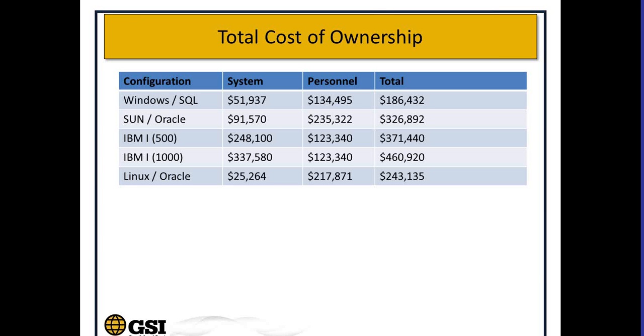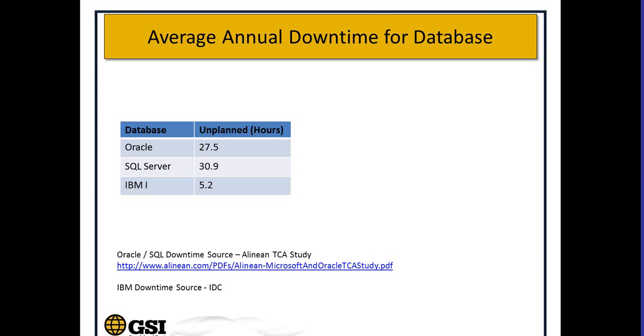This is over a period of a year, assuming that you're purchasing that hardware in a year. If you wanted to spread that cost out, if you're leasing or whatever else, and you wanted to see the cost of employees along with it, then it would be a different number, obviously, but this kind of tells you a little bit about what you're facing in terms of system and personnel. Now, that's not everything that's wrapped into total cost of ownership, so we'll get into that a little bit next.